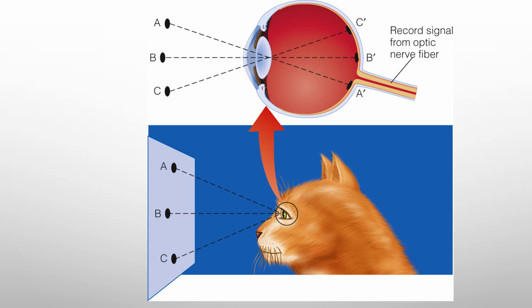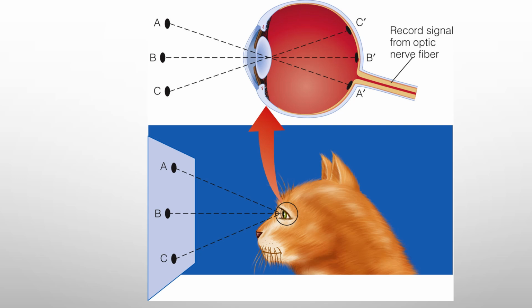Then they would shine a light, or show a shadow, at different places out on a screen, and they would measure from a single optic nerve fiber. Remember, the optic nerve is a cable of those retinal ganglion cells' axons. There's about 1 million of them in there. They're going to go in and record from just one of those axons, or one of the optic nerve fibers.